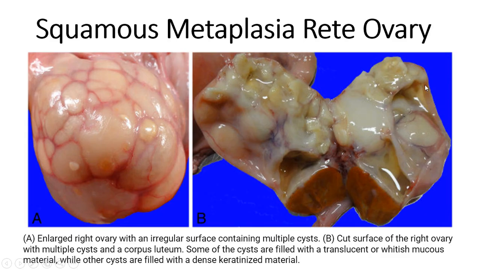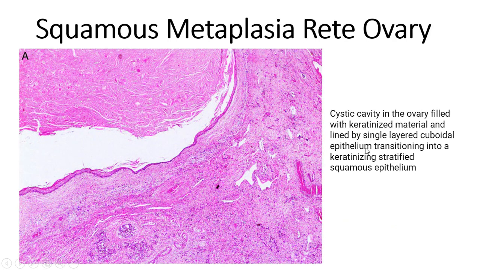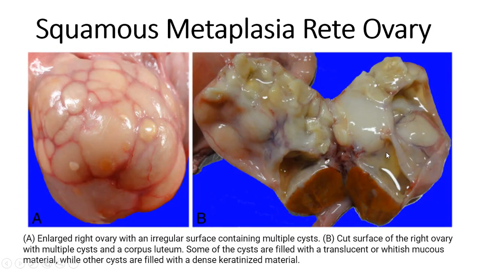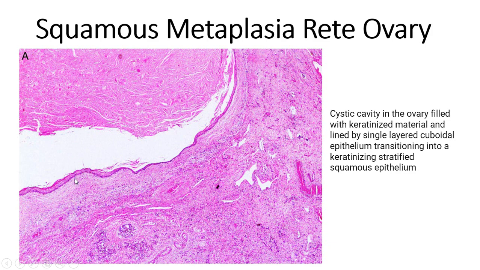This is abnormal. So if we look with histopathology, usually the rete ovary is composed of columnar epithelial cells, but in here the epithelial part of the rete ovary changes from the columnar type into what we call the squamous type.